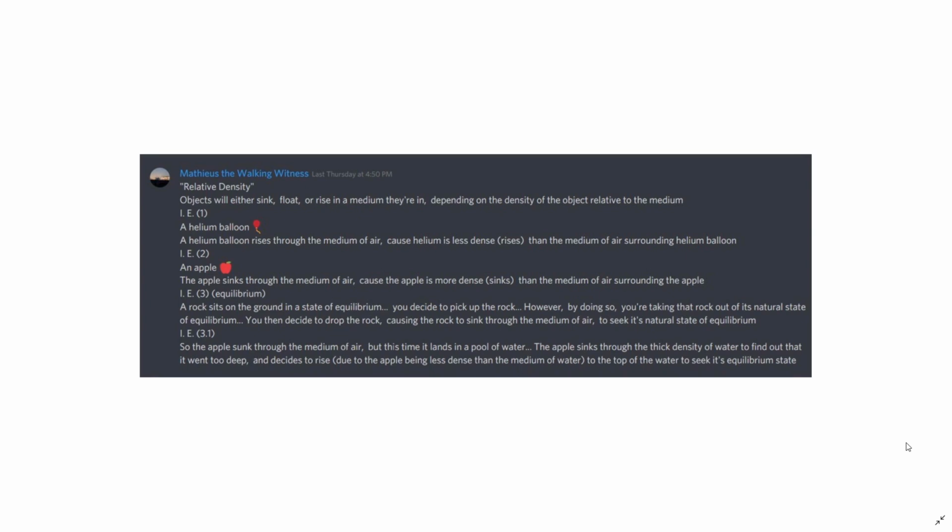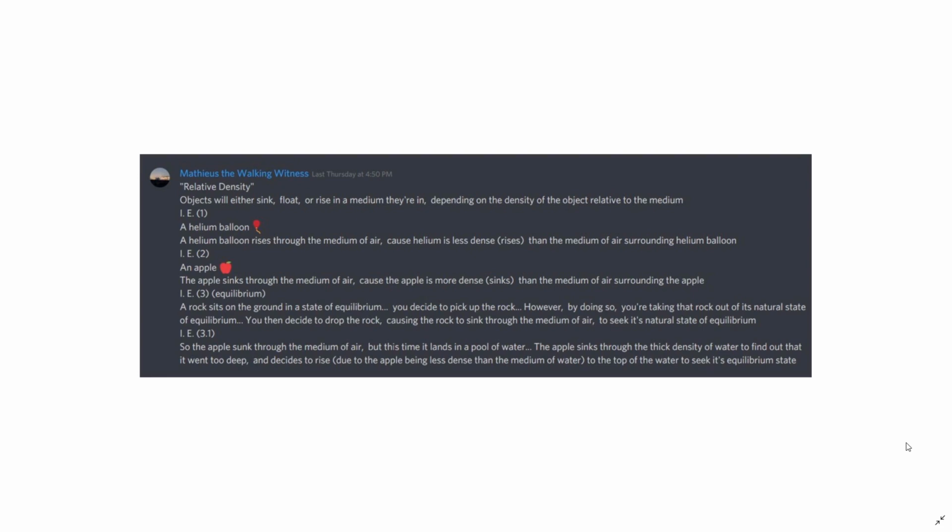3, equilibrium. A rock sits on the ground in the state of equilibrium. You decide to pick up the rock, however, by doing so, you're taking the rock out of its natural state of equilibrium. You then decide to drop the rock, causing the rock to sink through the medium of air to sink to its natural state of equilibrium, i.e., 3.1.